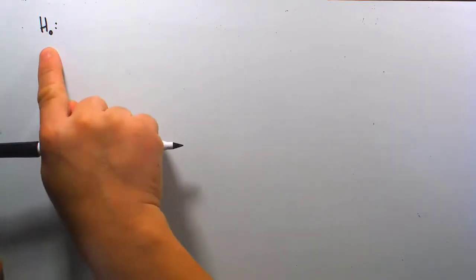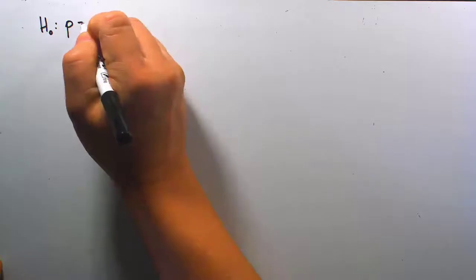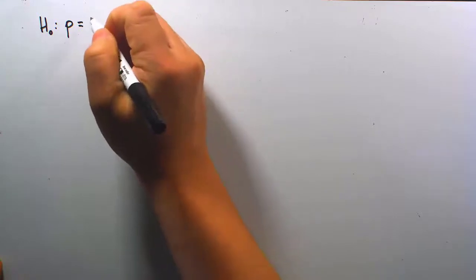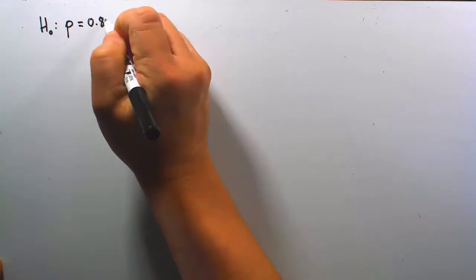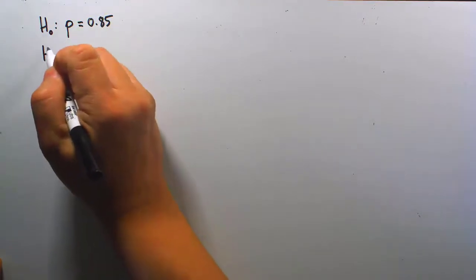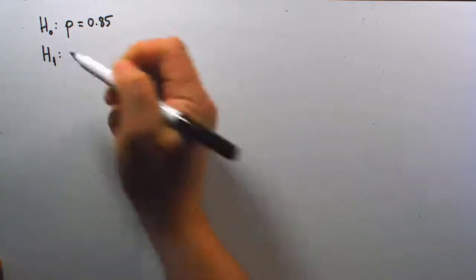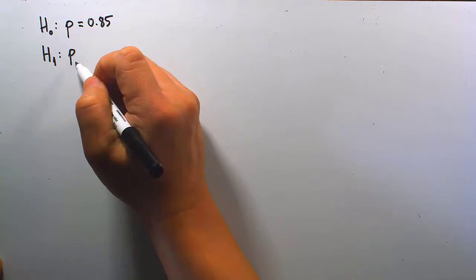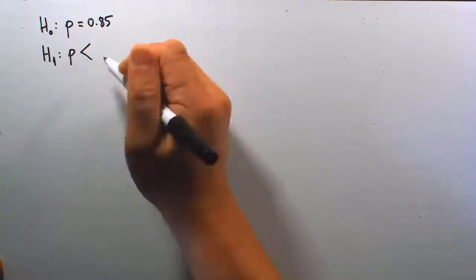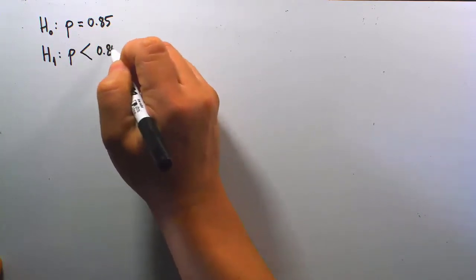H sub 0, the null hypothesis, is claiming that the proportion of iPhone users among the cell phone users community is a 0.85 proportion, or 85% proportion. Then we have an alternative hypothesis H1 that's saying P, the proportion of iPhone users, should be generally below 0.85.